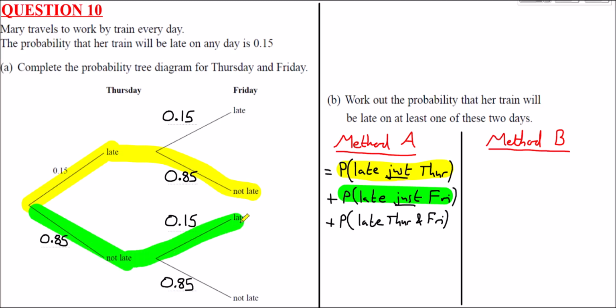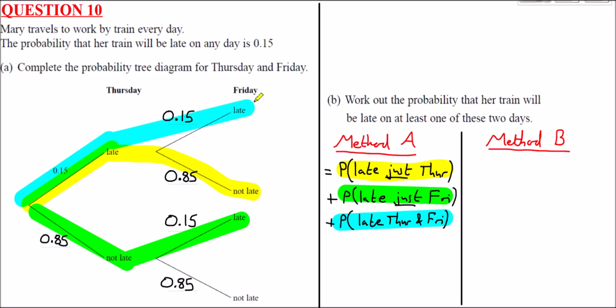So it's this green route here. Or, of course, it could be late on both days. So the route we'd take on this tree diagram, where it's late both days, would be late on Thursday, and then also late on Friday as well. So there's 3 different branches here, and we can add them together.